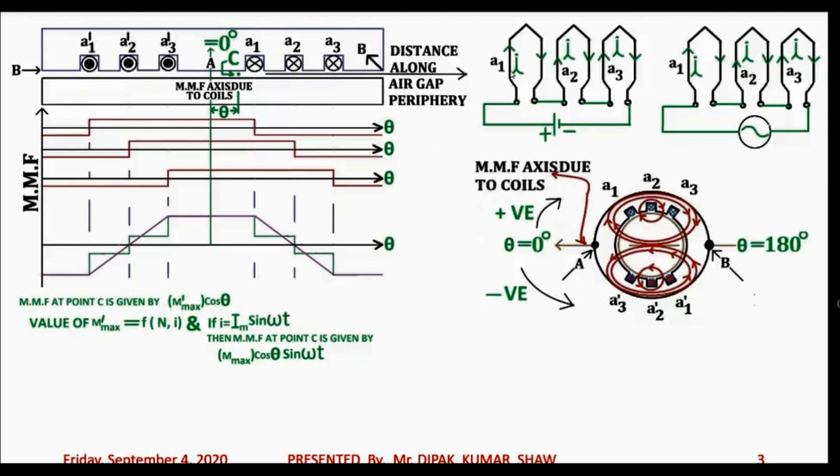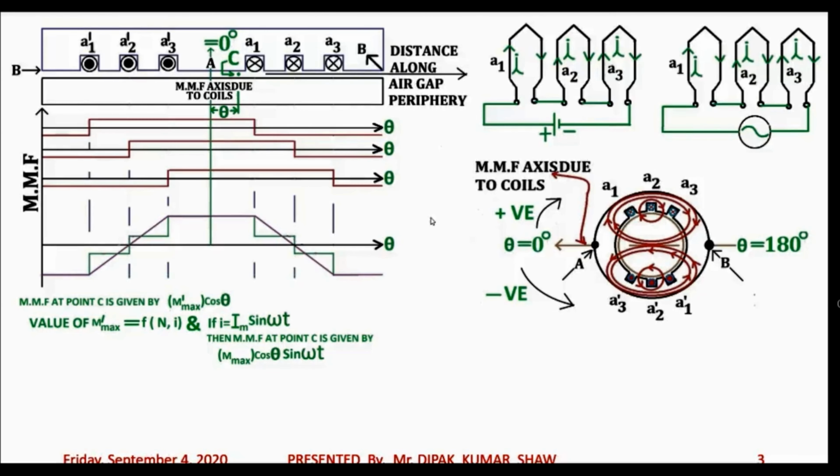In that case the strength of the current is not going to change with time. So the height of this trapezoidal MMF waveform will not change with time. The height of this rectangular MMF waveform for each of the three coils is not going to change with time. So in that case, it is perfectly okay to state that MMF along the air gap periphery is a function of space if the coils are carrying direct current. That means the coils are connected to a DC source.